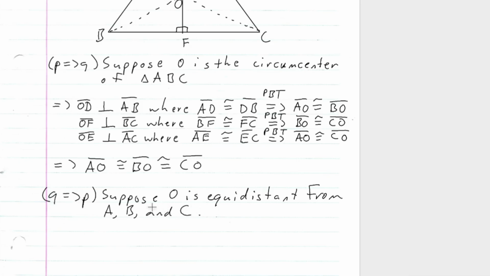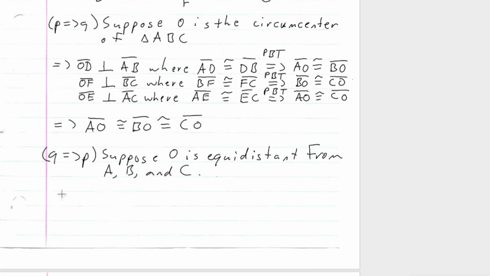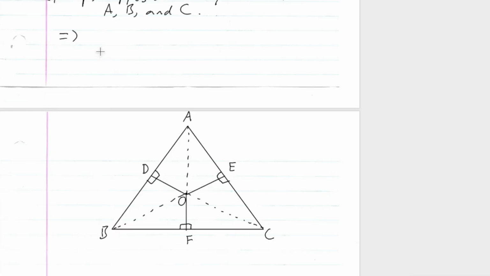So if O is equidistant from these, this implies that AO is congruent to BO, which is congruent to CO, right?